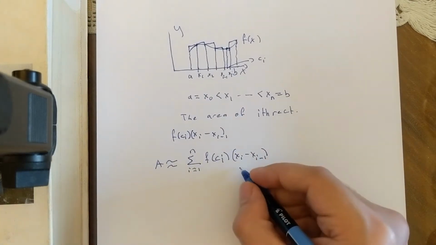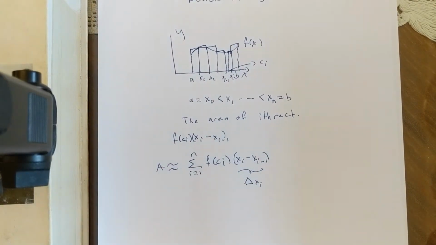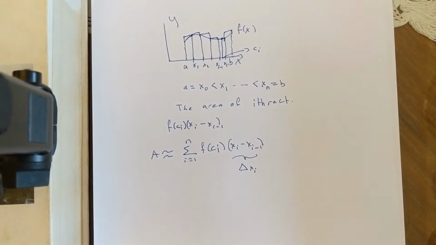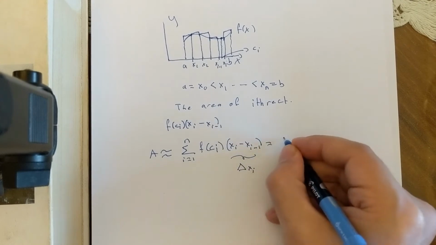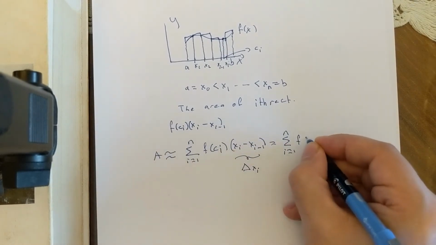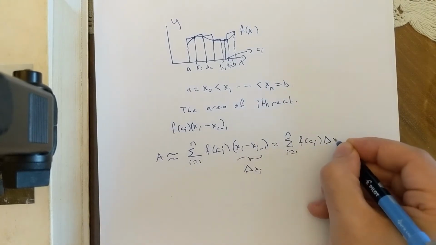We said this was going to be defined as delta x sub i. So when I say delta x sub i, it's the length of the ith interval. So we could write it nicer, like this, delta x sub i.